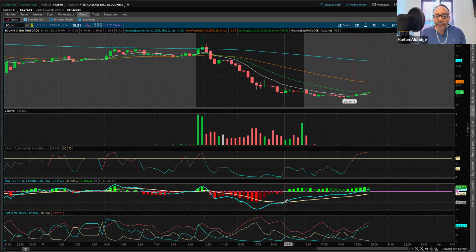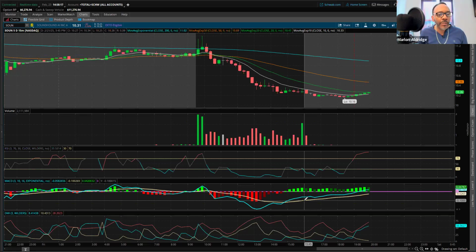And that's sort of confirmed because, starting from 2:45 until close, the price stayed within a trading range of between $10.26 and $10.34, somewhere around that range.